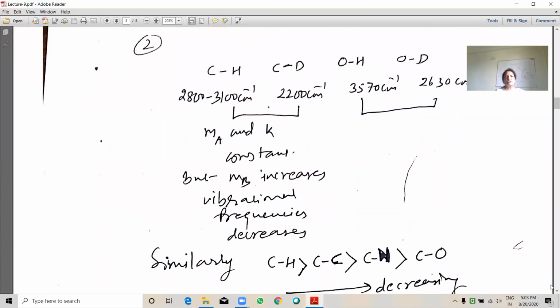So here carbon hydrogen has frequency in the range of 2800 to 3100, whereas CD has 2200 inverse centimeter. Similarly, OH and OD. In OH, the frequency is 3570 inverse centimeter, whereas OD has less frequency, 2630 inverse centimeter.